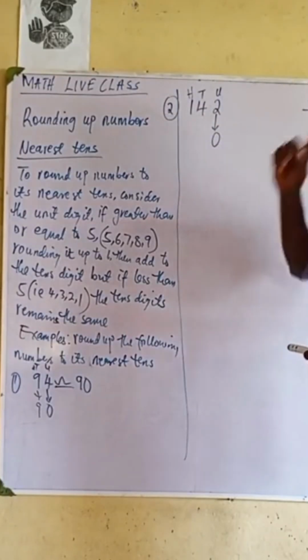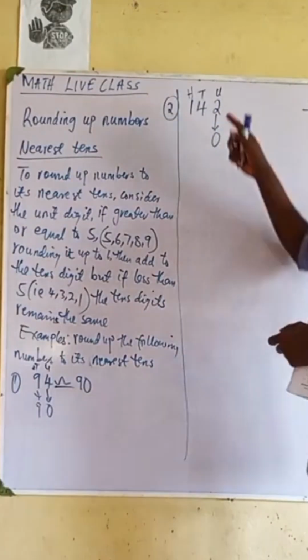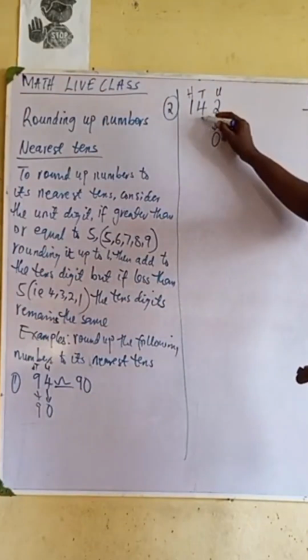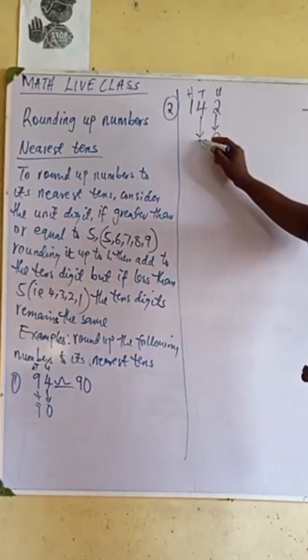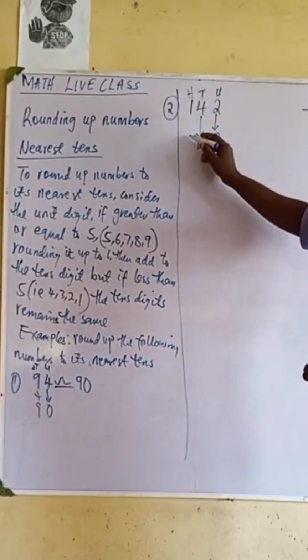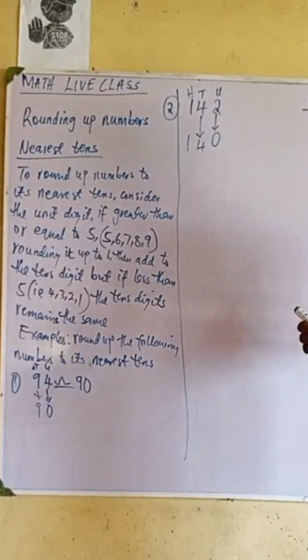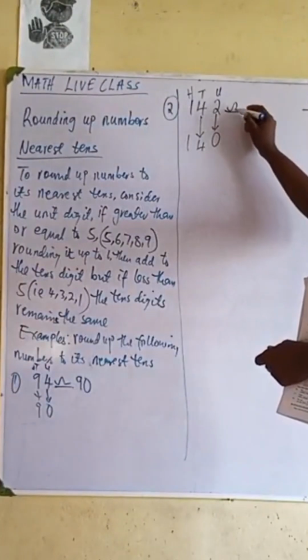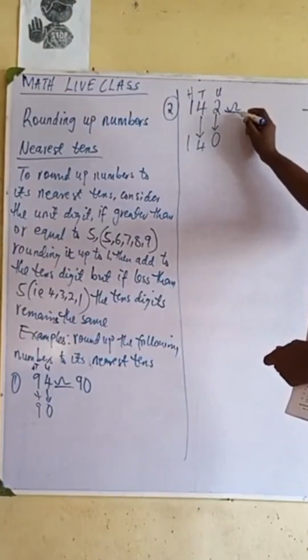We replace the unit digit with 0. Now we cannot round up the tens digit to 1 because the number here is less than 5. So that means our tens digit here remains the same, which is 4. Then we bring down 1. So we have here 140.